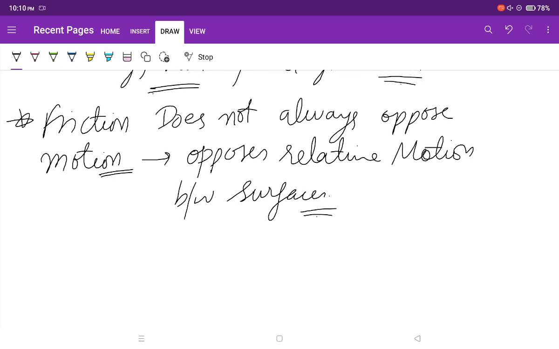So friction is often called an opposing force, but without friction, walking, running, driving, even standing would become impossible, or we say very difficult, right?